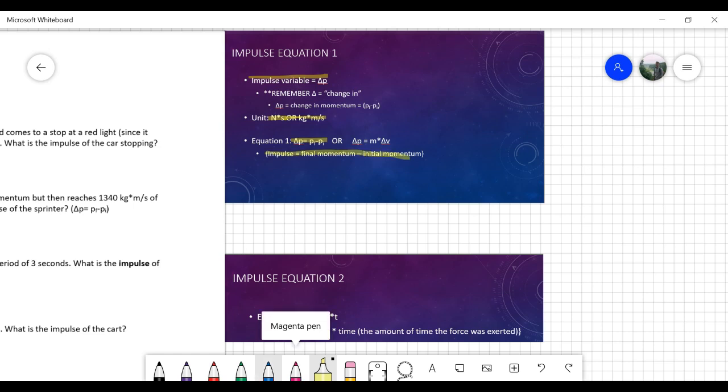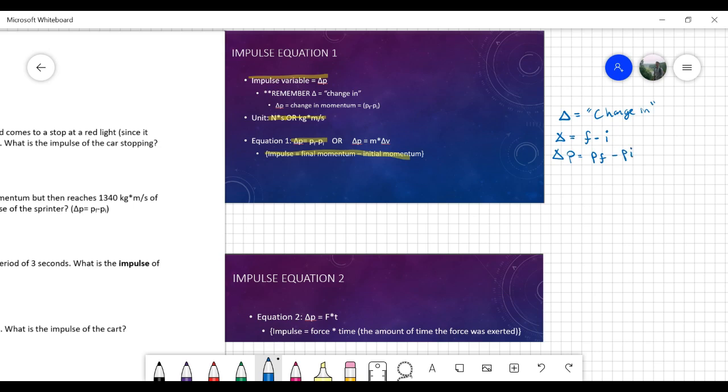Because a delta, this little triangle, means change in. Mathematically, what you should think of when you see a delta is final minus initial. So if you see delta P, that means P_f minus P_i.